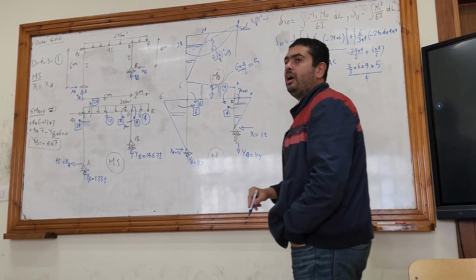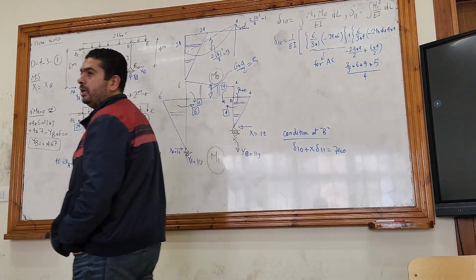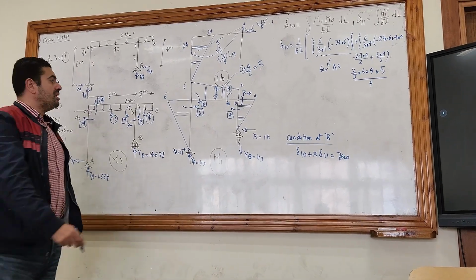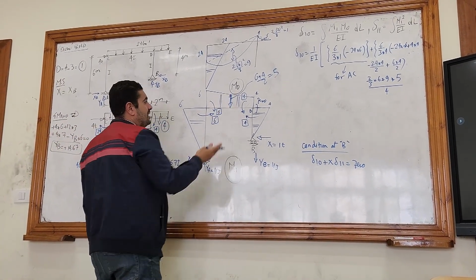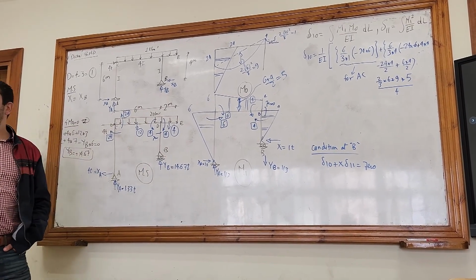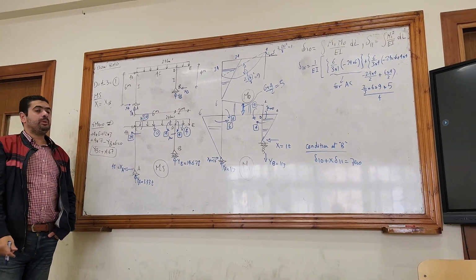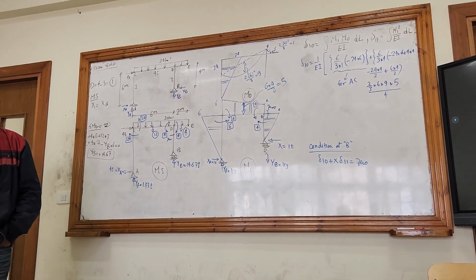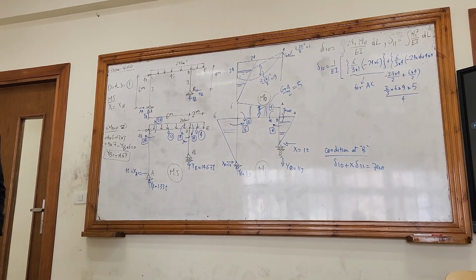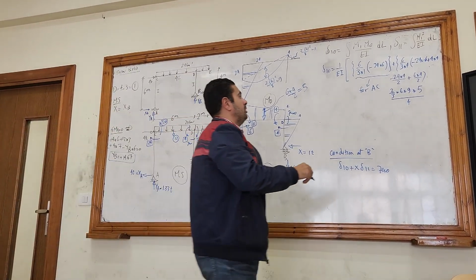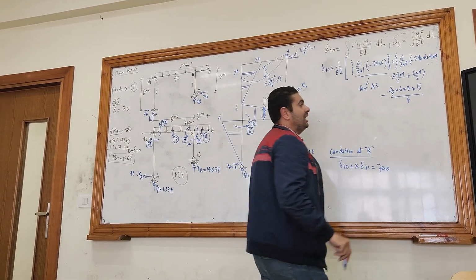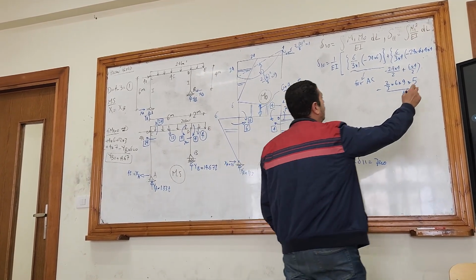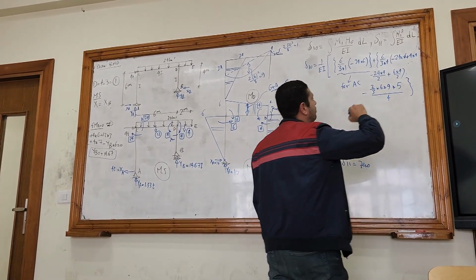What about the sign? The YCG, which is 5, is upwards, above the datum, right? And the parabola is subtracted, so it's downwards. So up and down, opposite direction. So here there is a negative sign. And now I can close this bracket.